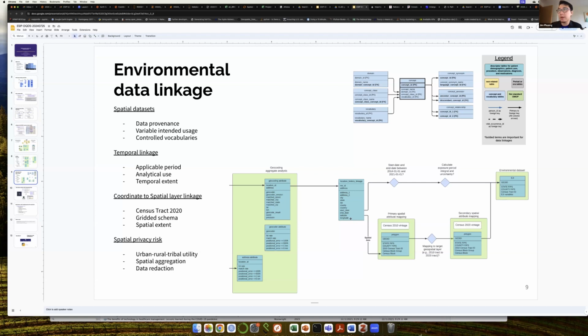So if it gets too fine, or gets to a certain degree where we have to do pre-processing to link the spatial layers, that's definitely something we want to consider, as this is the layer required in order to get all the data into harmonization or conformance.